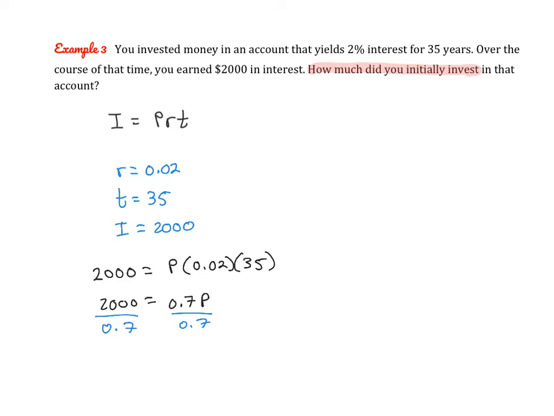And we should get P equals 2,857.14. So we'll write our final answer in terms of dollars, so $2,857.14.